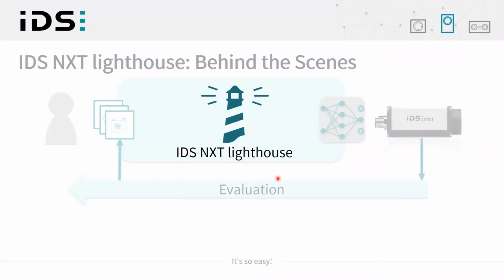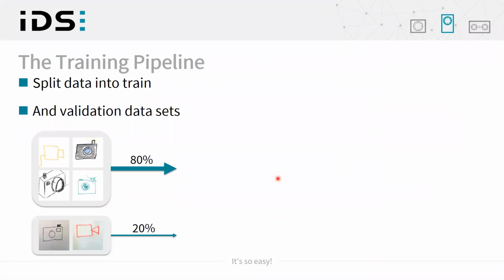So now what happens once we press that train button? Well, what happens to your data set is that it is split into a training data set and a validation data set in a ratio of 80% to 20%. Only the training data set is used for actually adapting the model parameters.